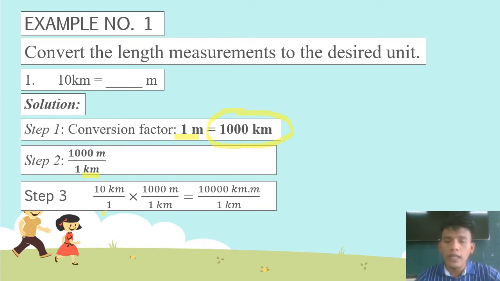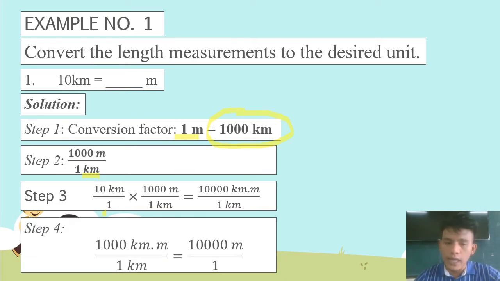So 10 kilometers times 1,000 meters is equal to 10,000 meters. 1 times 1 kilometer is equal to 1 kilometer. So we will do the cancellation method.